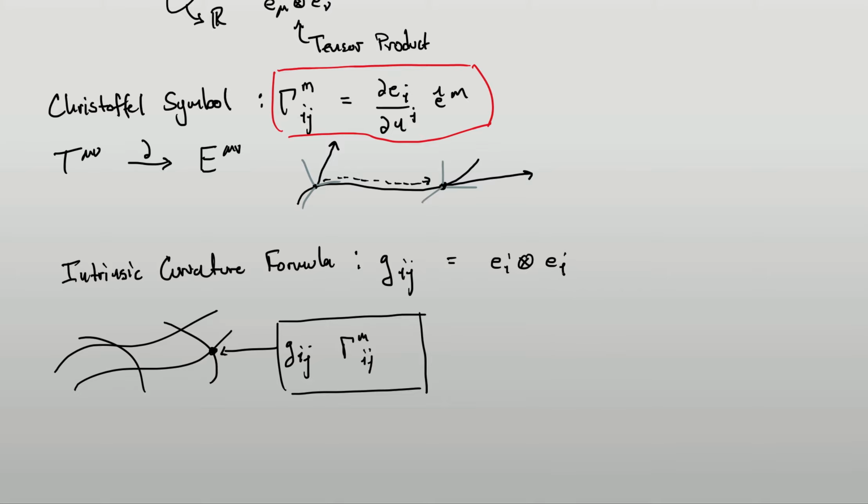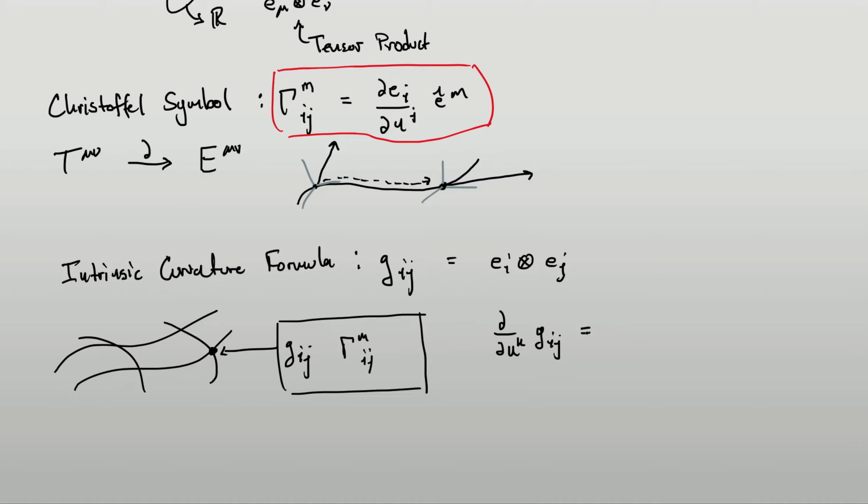And if that's its basis, we can take the derivative of g_ij with respect to u^k, some direction. k can take on values 1 to 3, or 0 to 3 if we're dealing with space-time.